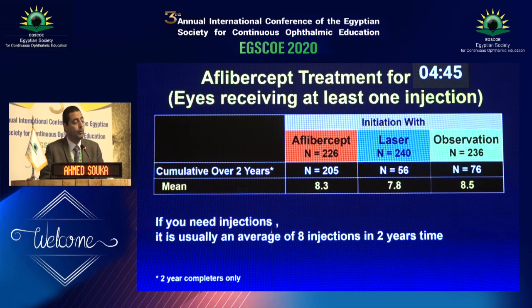But all patients who needed injections along the 2 years because of visual acuity drop, or if you decided to inject from the start, all of them received the same average number of injections over the 2 years, 8 injections on average. So actually, using any strategy did not lead to fewer injections, even if you add laser at the beginning.